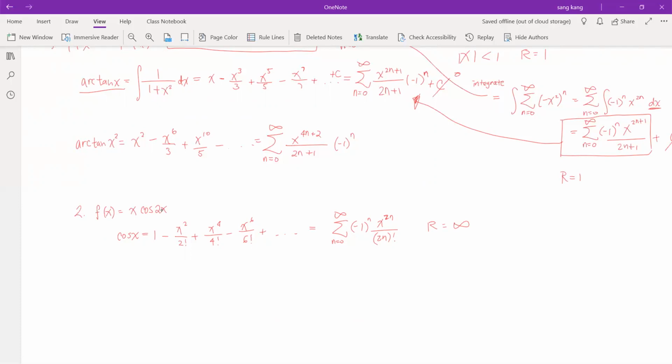Now we're going to replace x with 2x, so cosine of 2x. I'm doing this step by step, just so you can see all the intermediate steps that we do to get to the final answer. So now we're replacing all the x's with 2x.